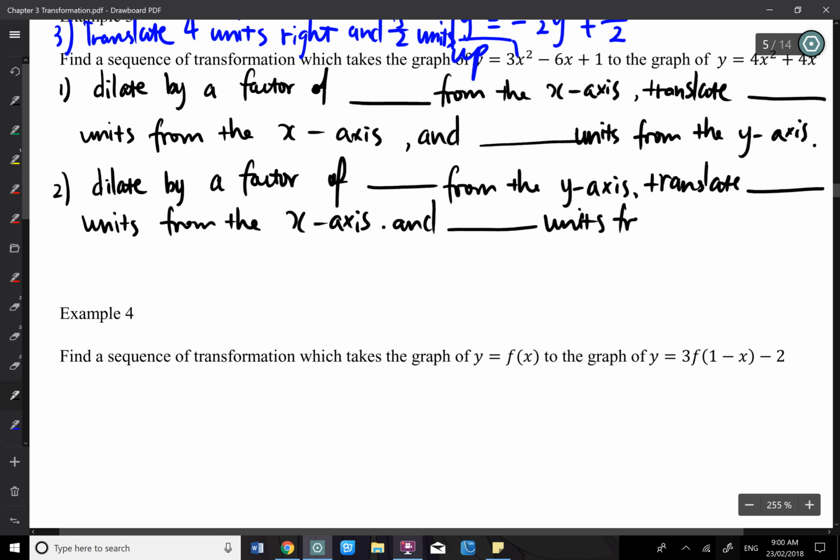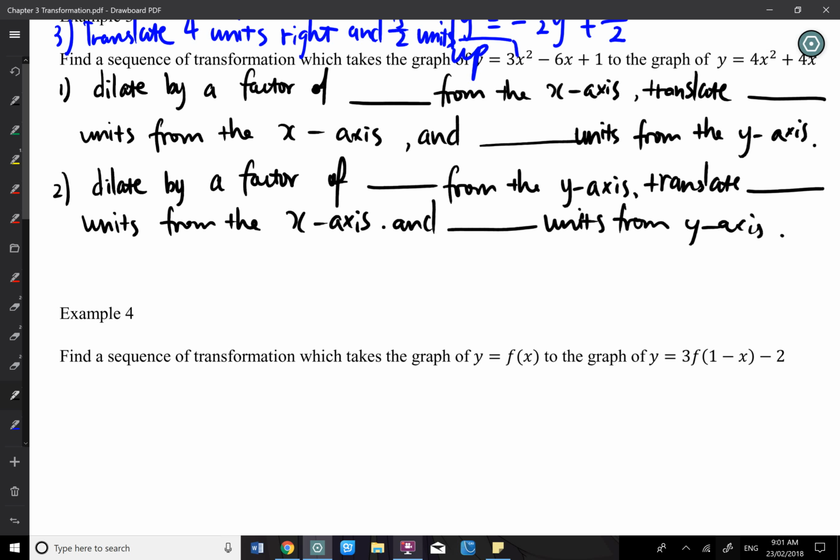It's not really from the x-axis, it should be in which direction of the axis. I've just written it this way. You will work out up or right later by yourself. So what's the dilation, what's the horizontal movement, what's the vertical movement? That's my question.